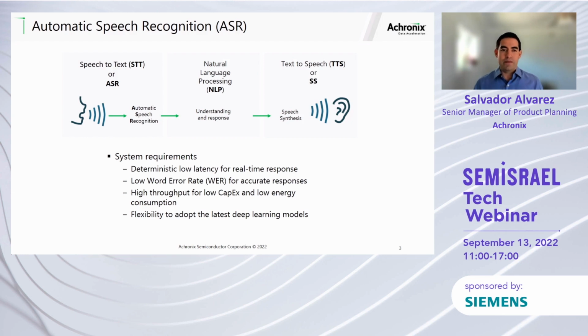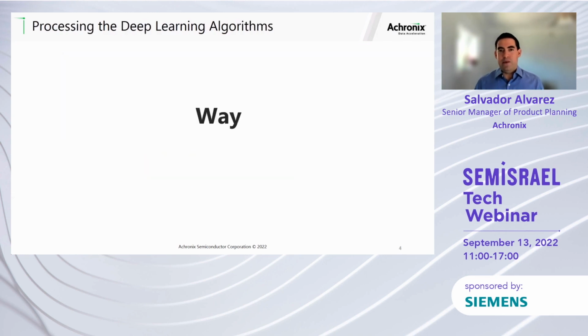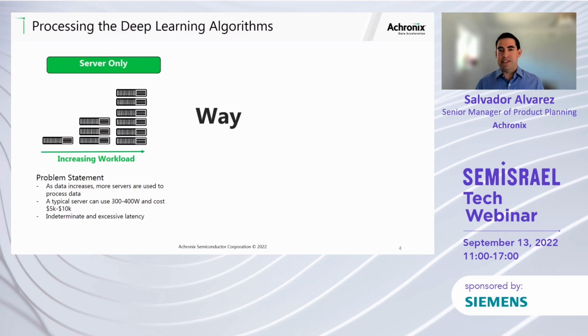In the past, one way is to simply throw more servers at the problem. And for simple machine learning models and low throughput, this is probably still an acceptable solution. But as the use of machine learning increases and models become larger and far more complex, that's no longer appropriate.